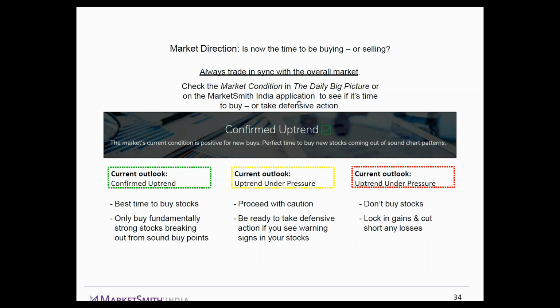That is ideally a green signal for us to make new positions. We have to be a bit cautious when the market is under pressure, which is when the market starts to show some weakness and can move into correction. Be very cautious to avoid taking positions when the market is under correction.